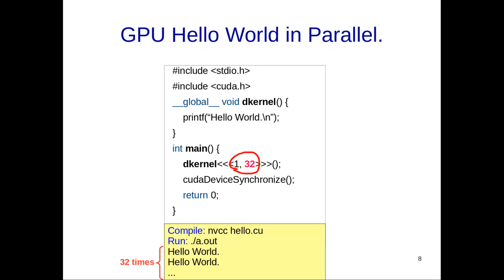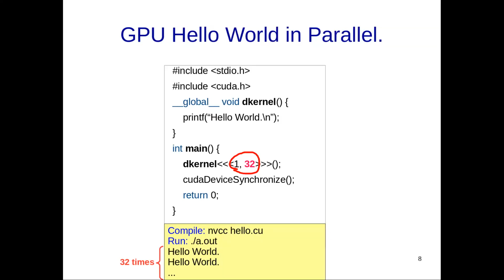So it's going to print hello world 32 times, and that is going to give you some sort of parallelism. Of course, the parallelism is not going to be useful for printf kind of processing. It should be used for more data parallel kind of processing, but this suffices for our purpose of learning to print in parallel. Okay. So this seems to be okay, that we are going to launch this kernel with 32 threads, and that is going to allow us to run this 32 times.